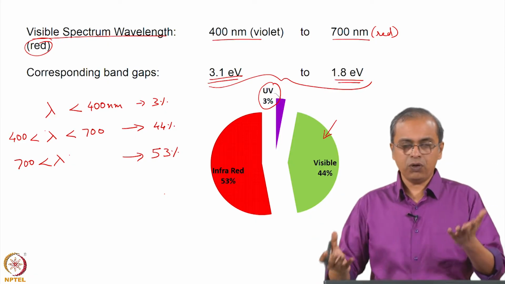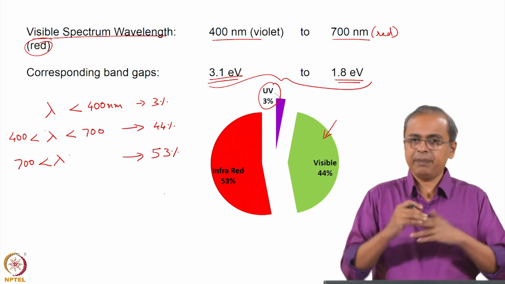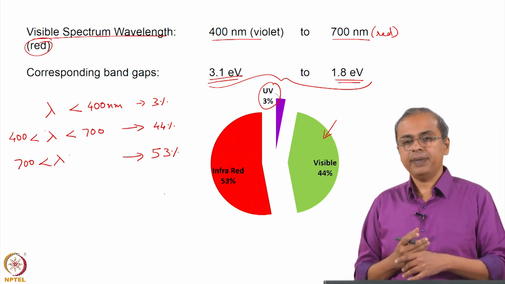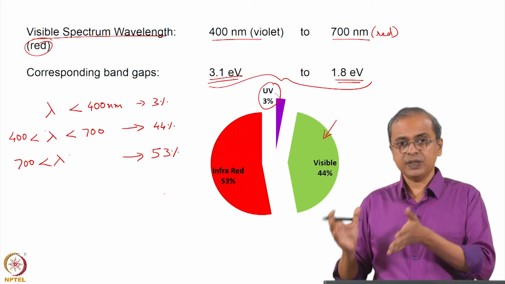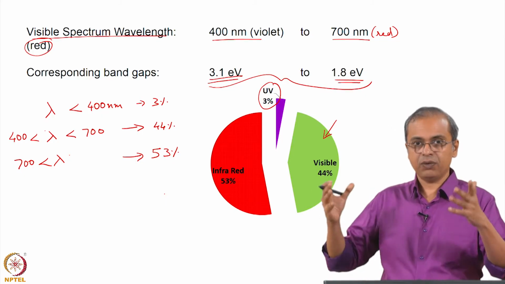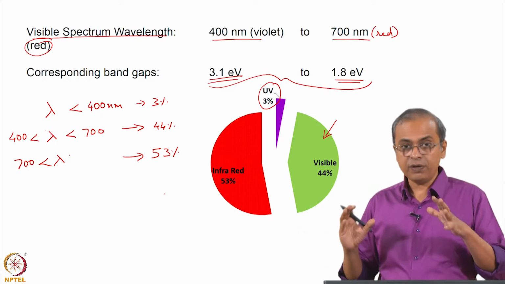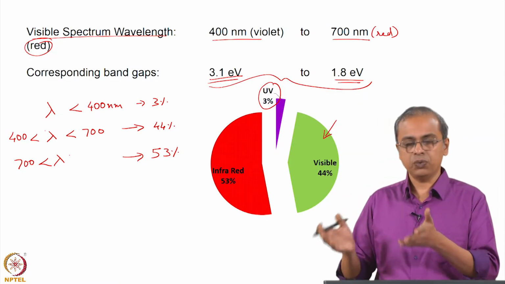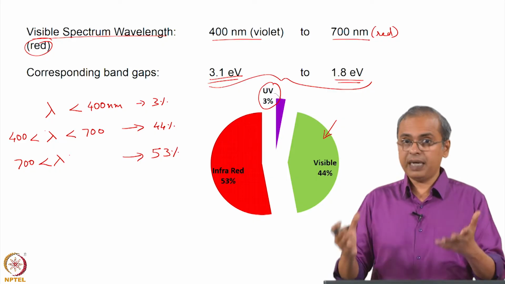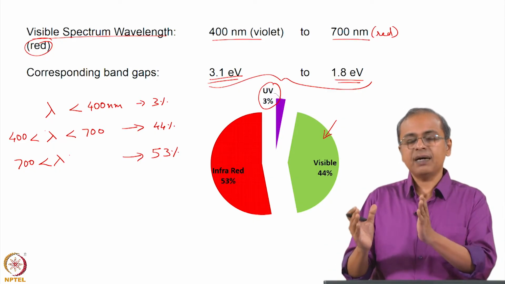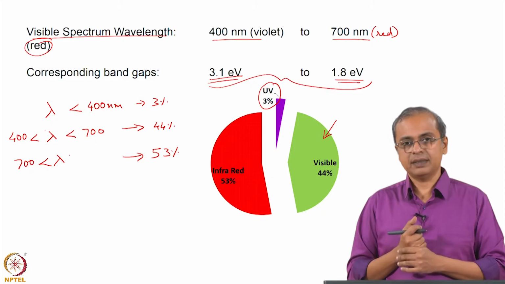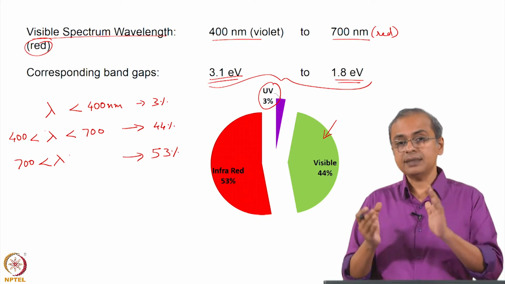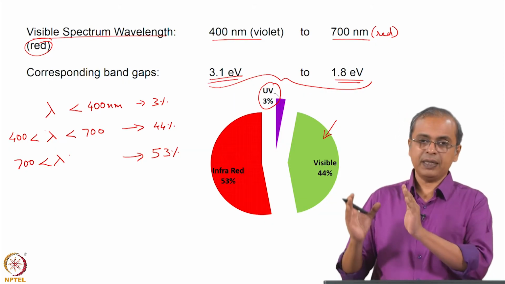So, in fact, when we talk of optical properties and maybe we are thinking about using it for a solar cell application or something like that, many times in our mind it is the visible spectrum that sticks in our mind. We keep thinking of the visible light that is falling on us. It is a very important thing to be aware of and to use the visible spectrum, but we should also be aware of the fact that less than half the energy coming in as radiation from the sun, which is what we are receiving on earth, is coming in the visible spectrum.